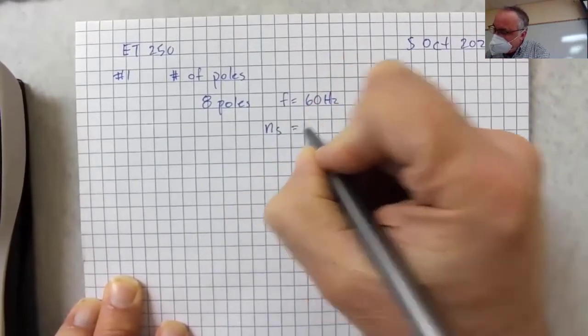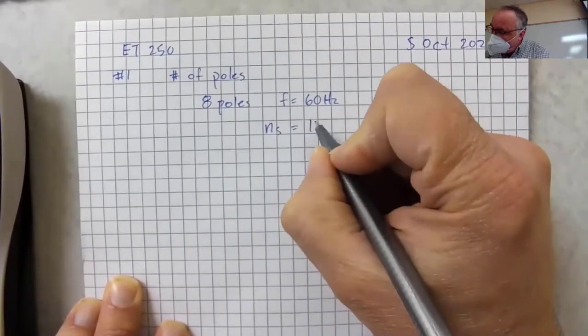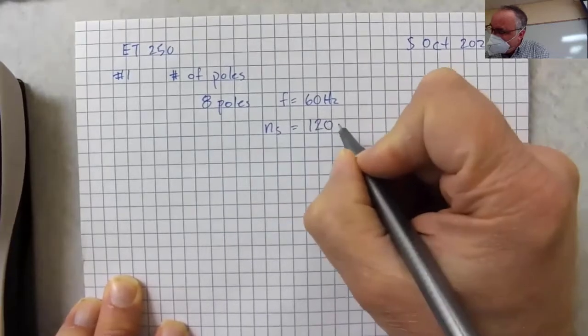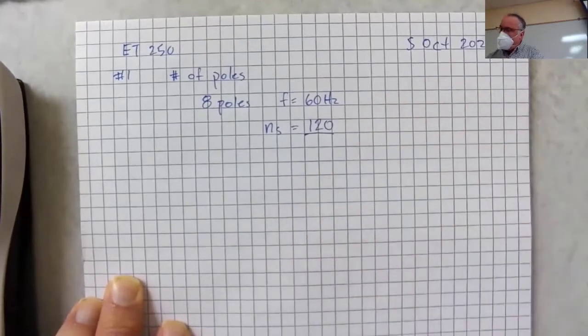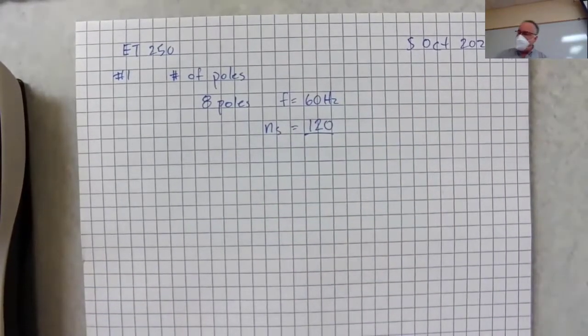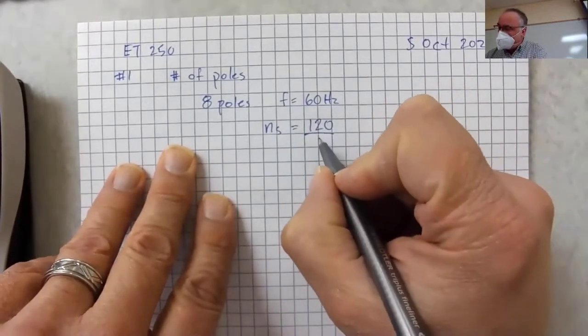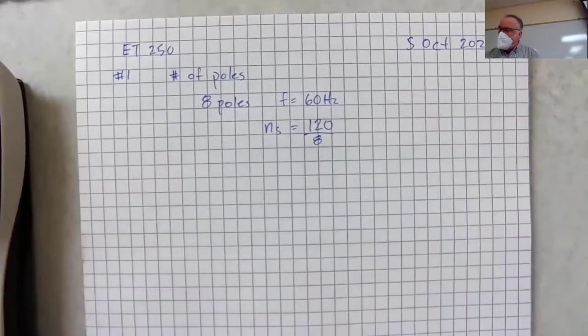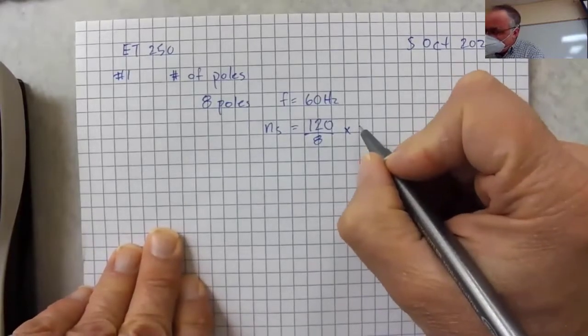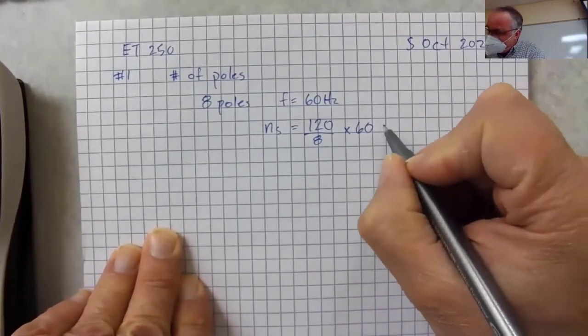So NS equals 120. And the 120 comes from the fact that we have 2 over the number of poles, which is 8, and then we have 60 to convert from seconds to minutes, and times the frequency, 60 hertz.